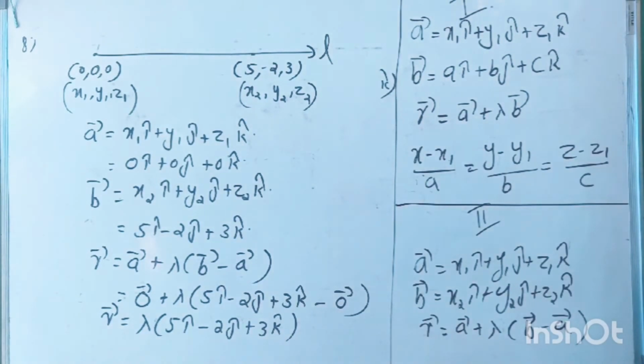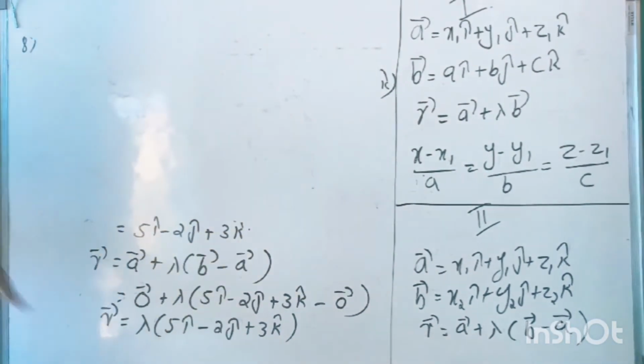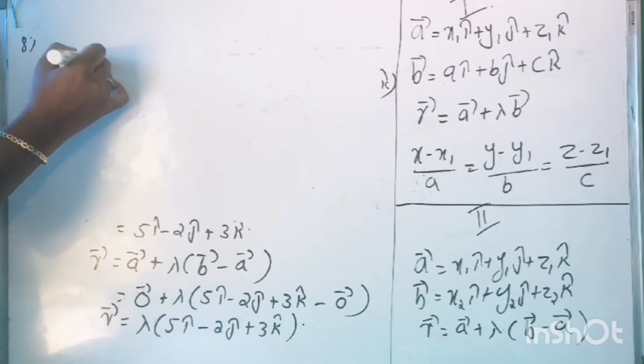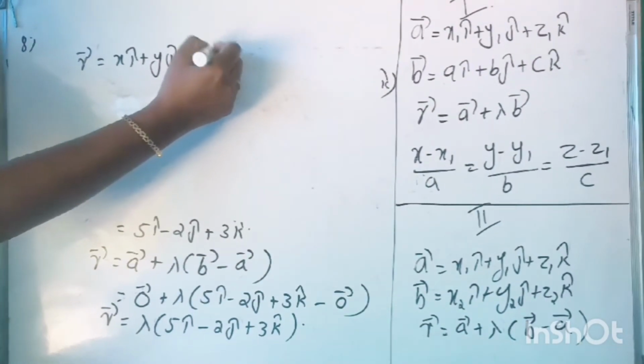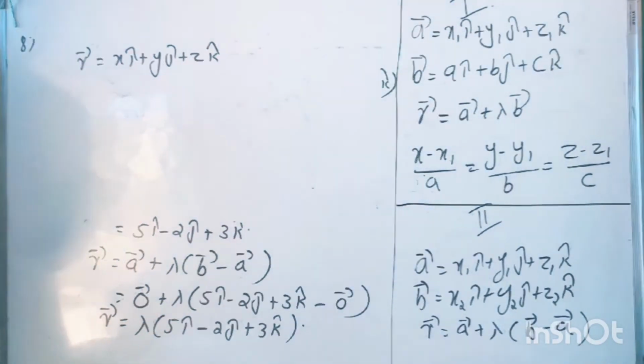But in this question, we need to find out the Cartesian equation also. So, to get the Cartesian equation, in this last vector equation, we will put R vector is equal to xi plus yj plus zk.